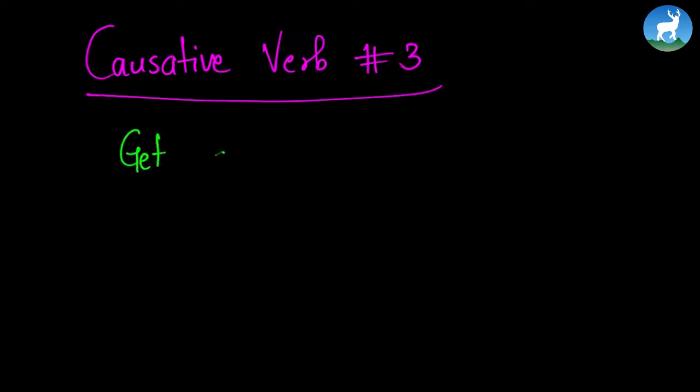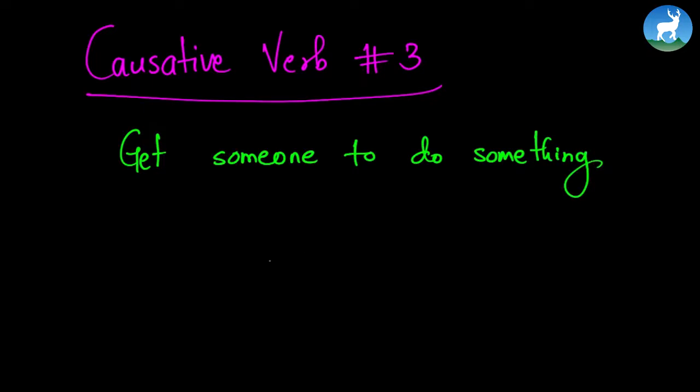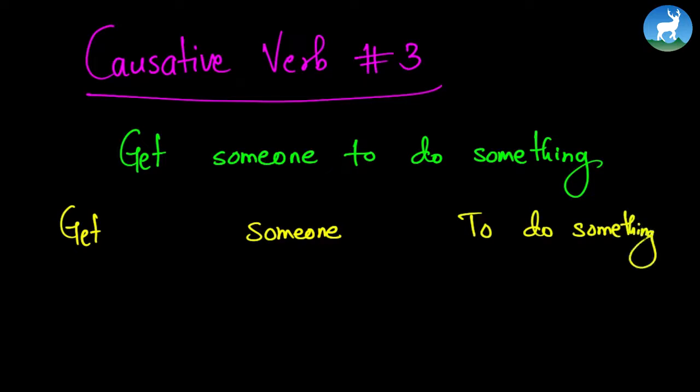Get someone to do something. Get someone to do something. And how would you write something like this? Get, we need someone, yes, get someone to do something. Let's write some examples.